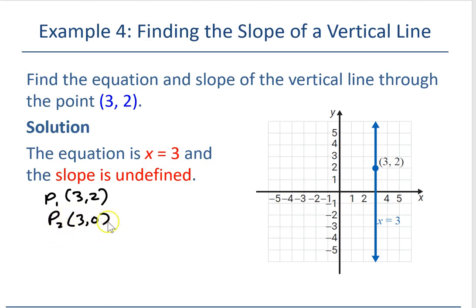Let's start putting everything into our formula. It's going to be 0 minus 2 all over 3 minus 3. That's going to equal -2 over 0, and you can't do that. You cannot divide by zero. When you do that, it's undefined, which is why whenever you have a vertical line, the slope is undefined.